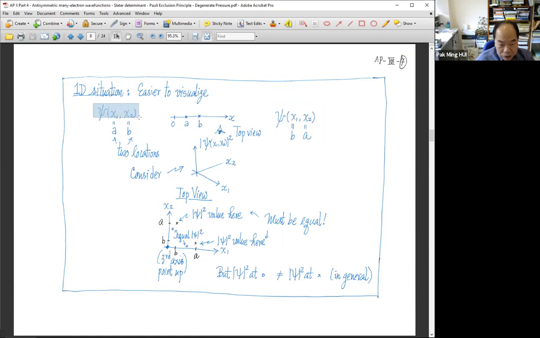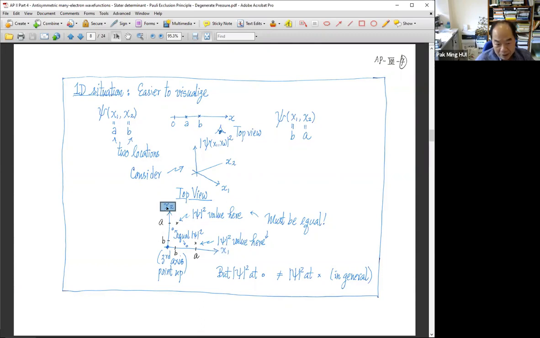Now, if you have this function, you may think about it this way. You can draw it as a three-dimensional picture, right? X1 can take on values from 0. This is A, this is B, this is somewhere else. X2 can take on any value. This is A, this is B, etc. So you give me an x1, x2, and you can plot the wave function squared on the third axis. Do you follow me? Now put your eye on top view. So now you look down, you will see an XY plane, x1, x2.